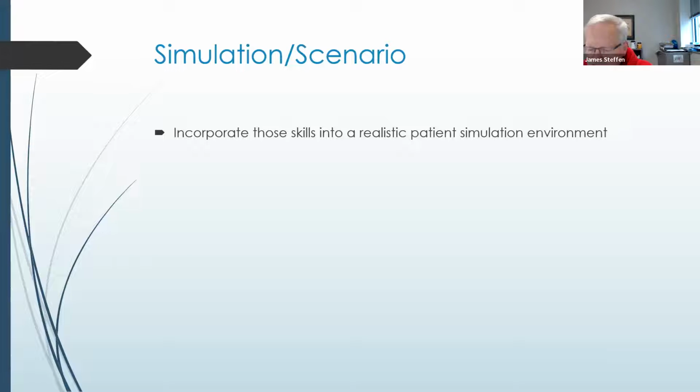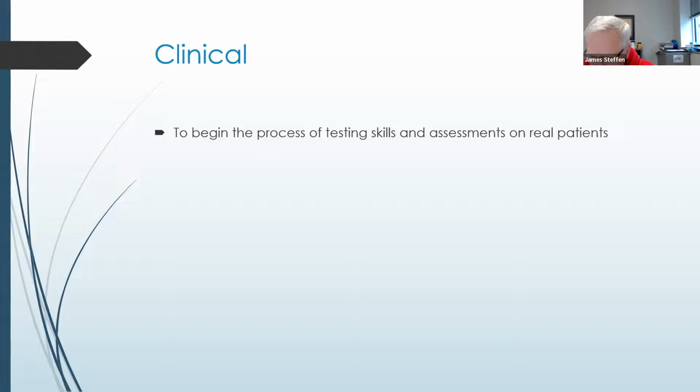So they may learn how to start an IV in the classroom, move on to practice in the lab, and then apply those skills in a scenario to begin to understand when to start IVs. And then they move that skill on to clinics.